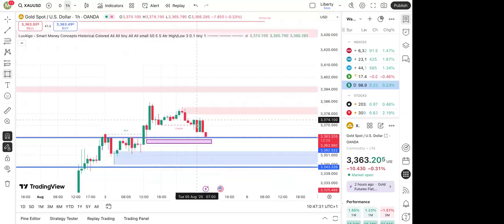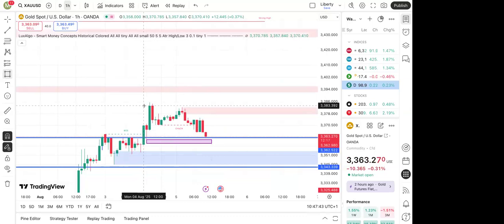It will help us mark our break of structure, our change of structure, as we can see. I don't want to go into marking them because if I do, it will take more time. So I will just leave them like this. I hope you can see the break of structure and you can see the change of structure.